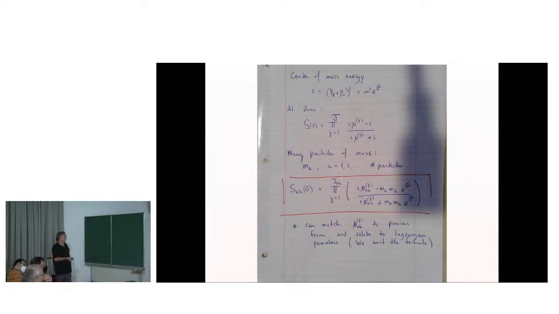So that tells you where you should put these masses. And it turns out you can match: originally I wrote down the Lagrangian in terms of these parameters alpha, and you can explicitly relate those parameters to these mu's. I'm not going to give that formula, but you can definitely match these two expressions.